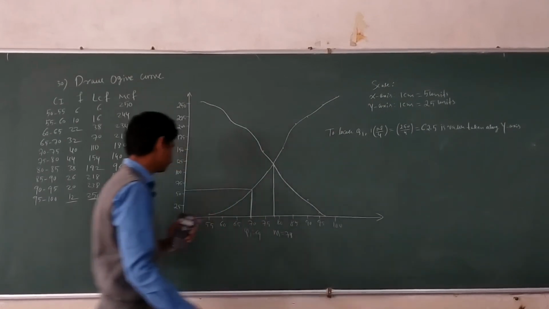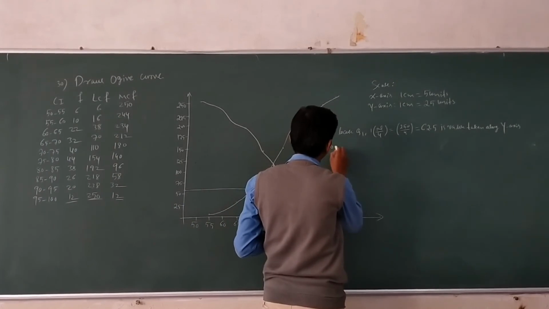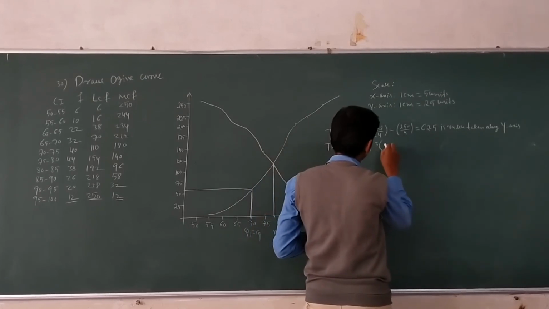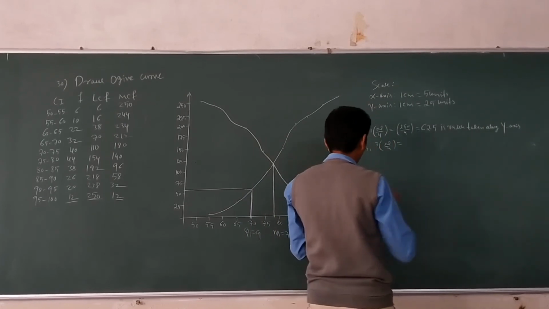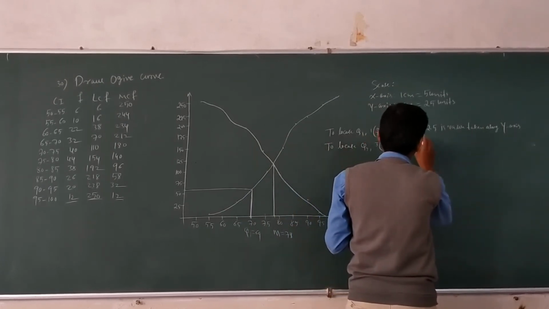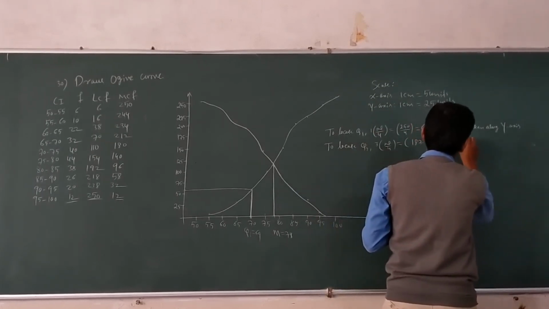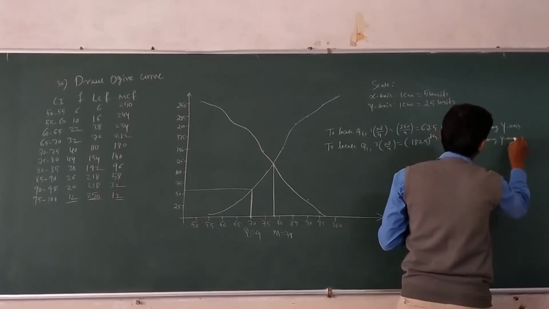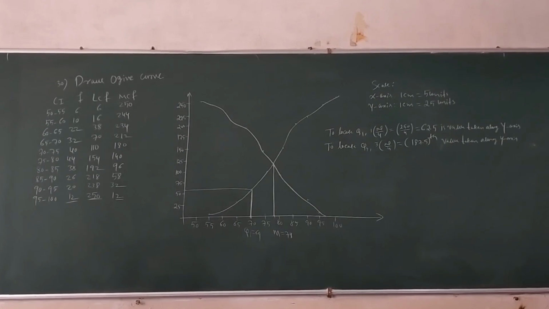Next, you have to find Q3, the upper quartile, that is 3n by 4, equal to 62.5 into 3, which gives 187.5. The value 187.5 is taken along the y-axis, and a line is drawn parallel to the x-axis.